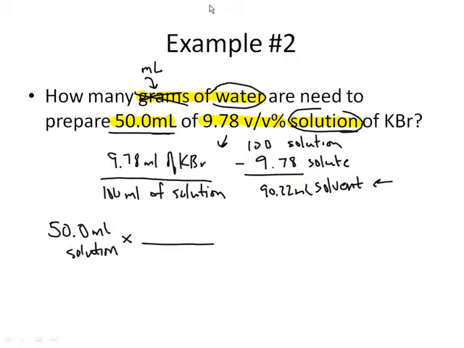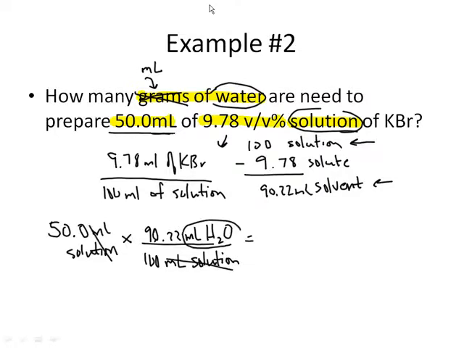And now I need a conversion factor that relates solution to water. Well, I know from here that my percentage told me I had 100 milliliters of solution. And from my calculation, I know that that solution contains 90.22 milliliters of water. So in terms of my units, milliliters of solution cancels, and I'm left with milliliters of water.